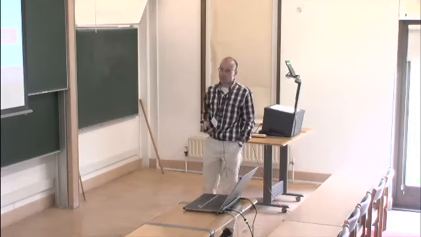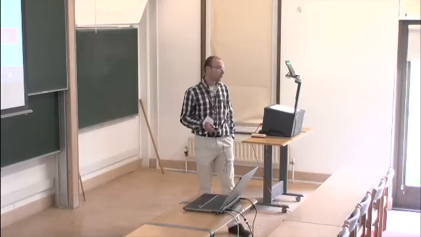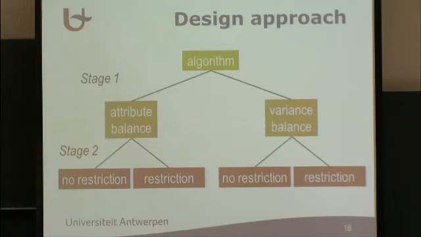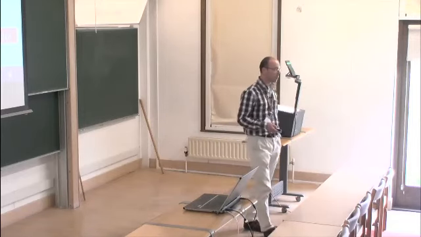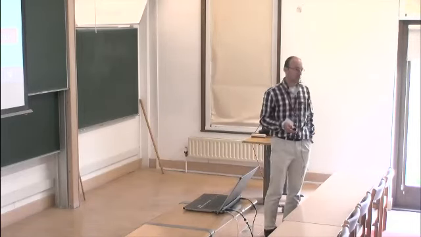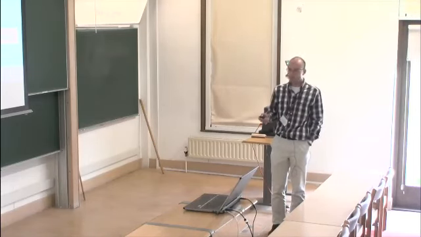And then in stage 2, where we have to decide on the levels of the non-constant attributes, we have a coordinate exchange algorithm that may or may not have a restriction. And I will also explain you in a minute what this restriction involves. So in total we have 2 by 2 is 4 different design approaches to try to find good designs with partial profiles.